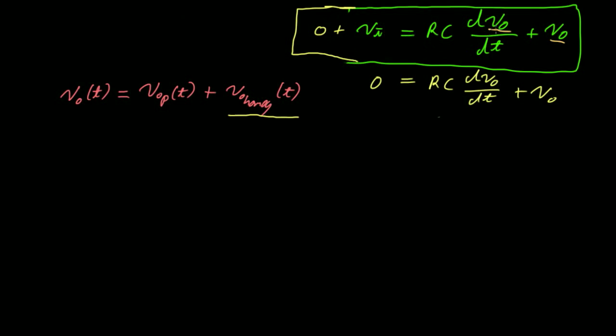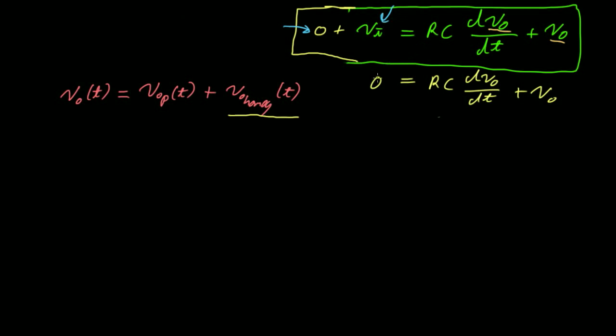So if we want to cover everything that V0 could possibly be, every single function of time that makes this relationship true, we've got to cover everything that makes this equal to 0 in addition to what's going to make it equal to Vi.